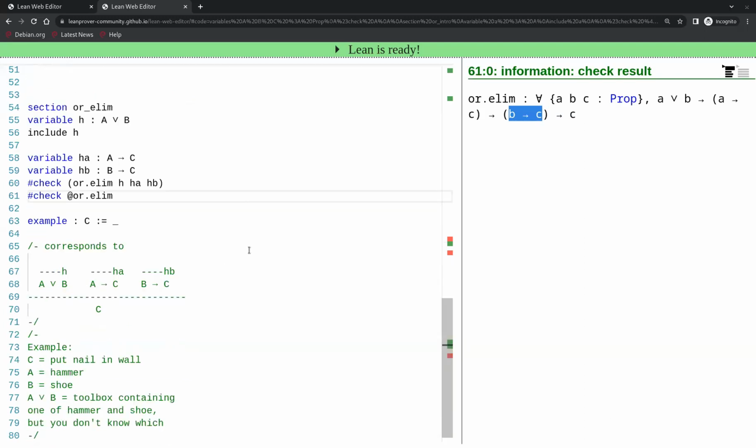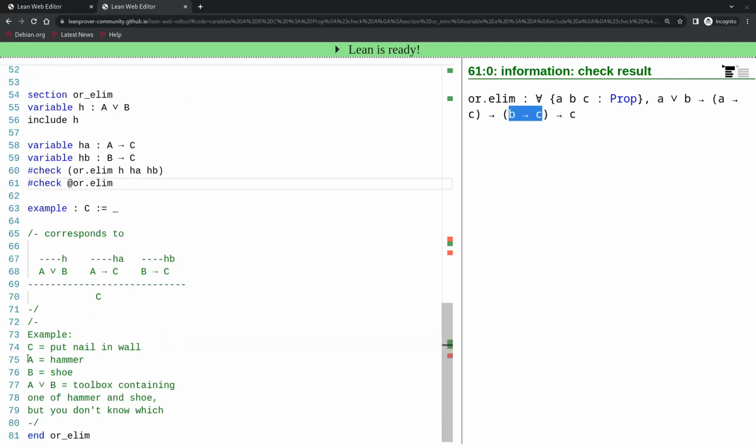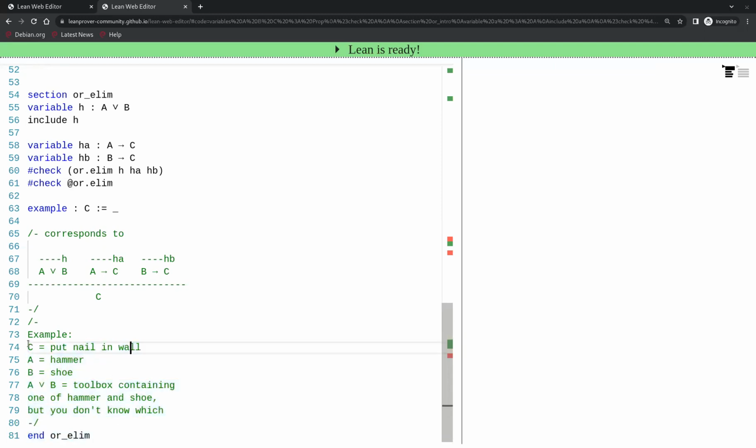The intuition here is as follows. Think of this example here. Suppose that C is a given task. You want to put a nail into the wall. And there are two tools that allow you to do that. A could be a hammer, and B could be, well, a bit more improvised, a shoe that you use to hammer a nail into a wall.